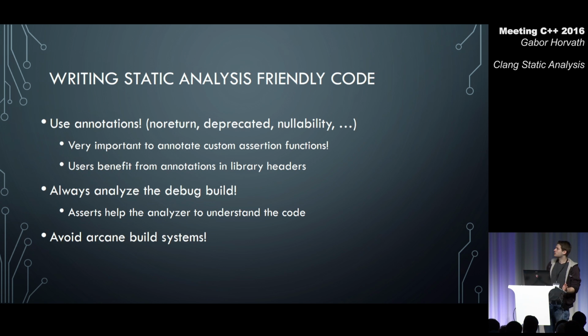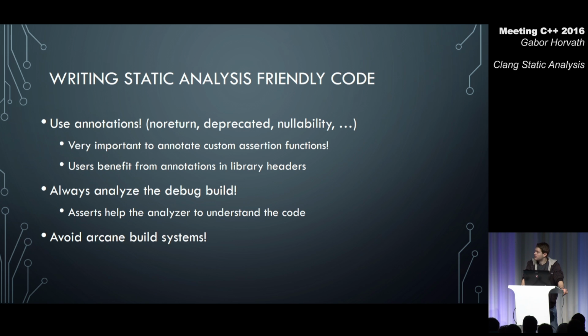It is useful to encode as much intent into your source code as possible, and one of the ways to do that is to use annotations. Those annotations are great and can convey a lot of additional information about the code and what you want it to do. And they can also provide the static analysis tools with very useful information.